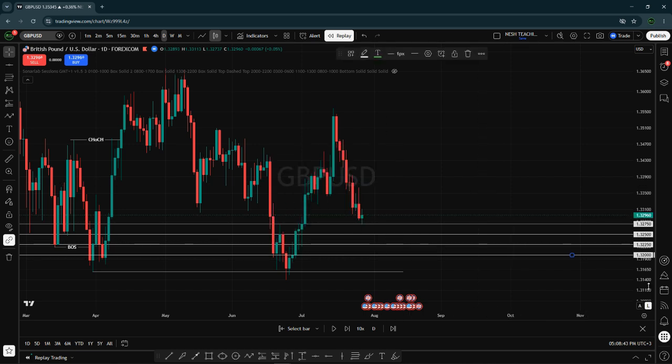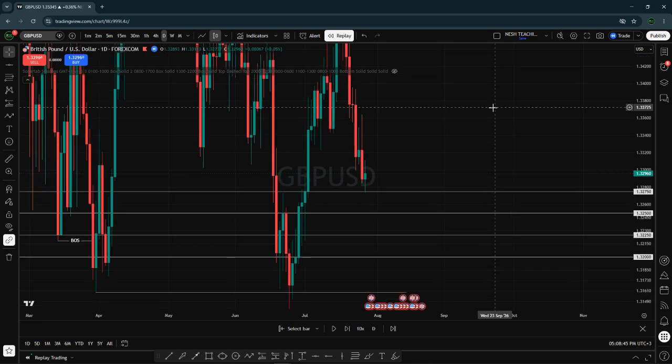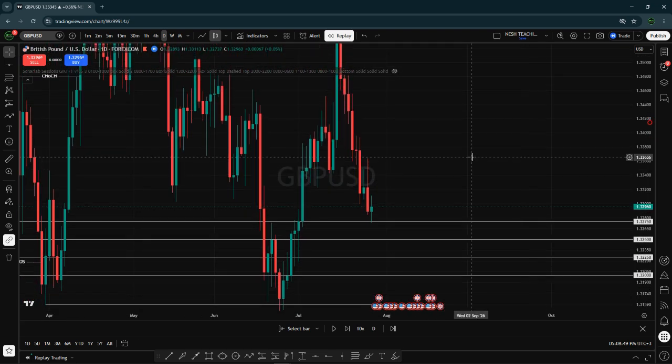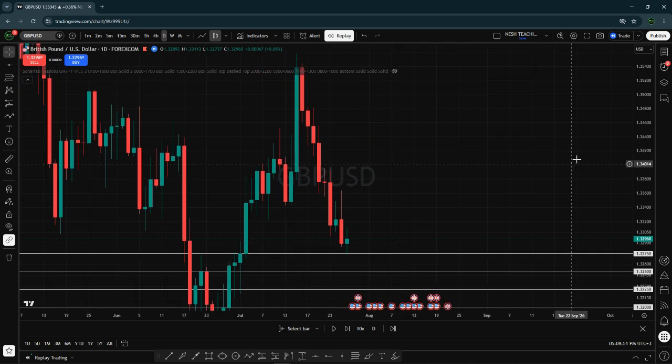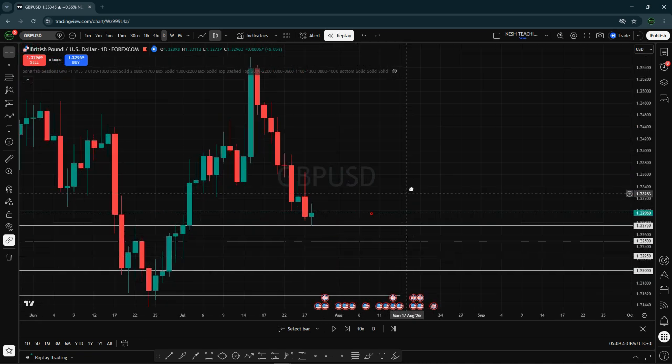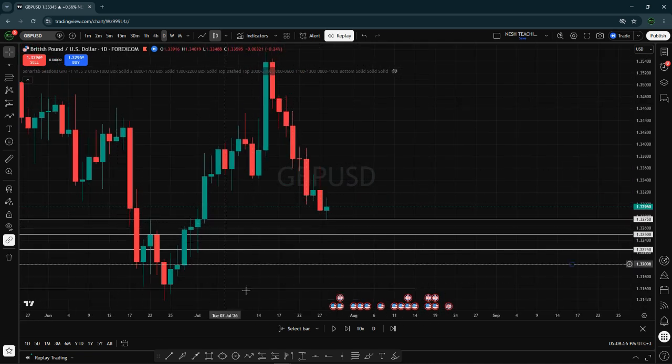Okay, so these will be our support areas. But you don't have to look at all these areas here. We need to check where the market is currently at. So we are at this point, and now we can have this circular thing here to mark that level.